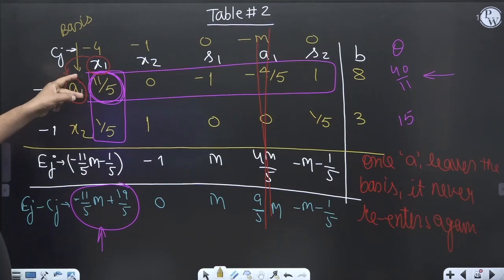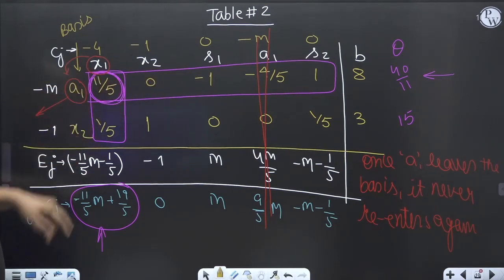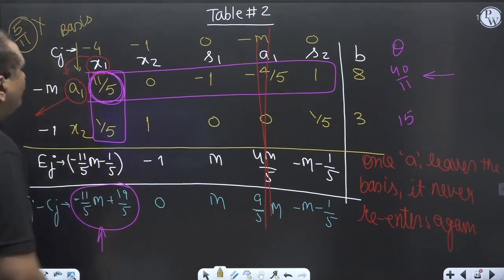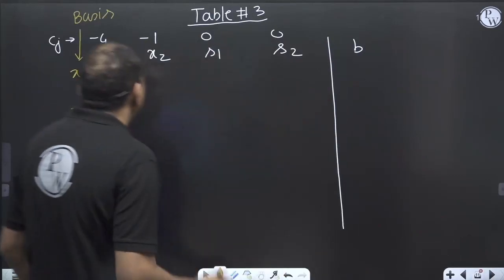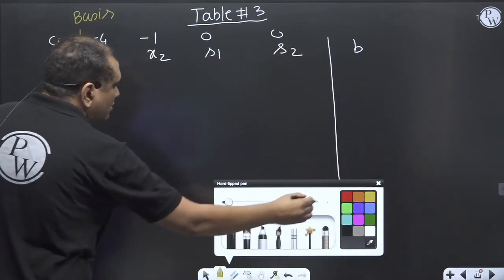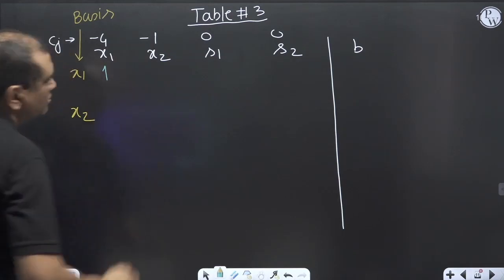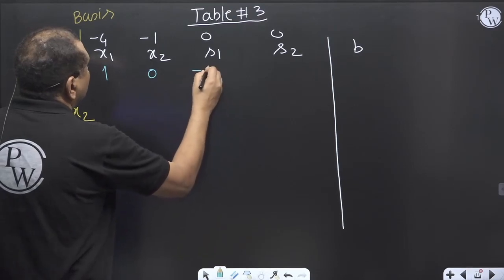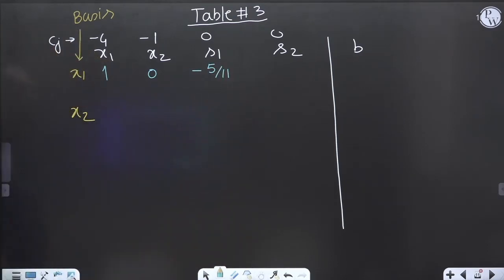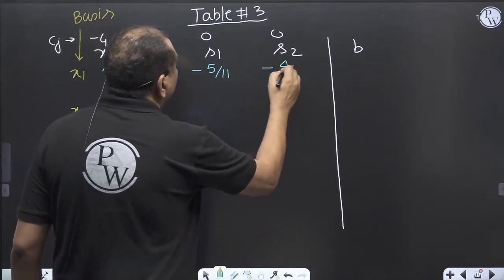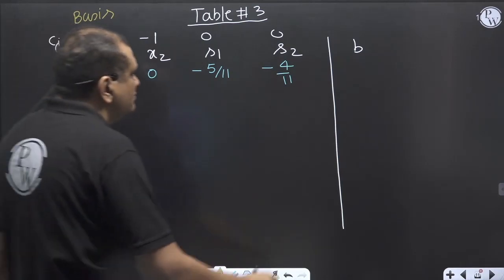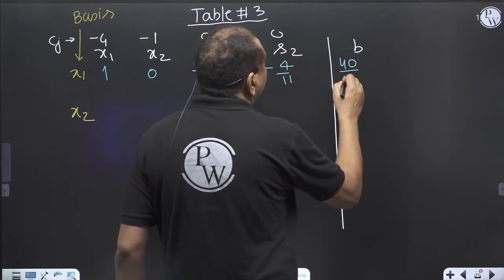So how to do it? Multiply the entire row by 5 by 11. So write down 1, minus 5 by 11, minus 4 by 11 and 40 by 11.